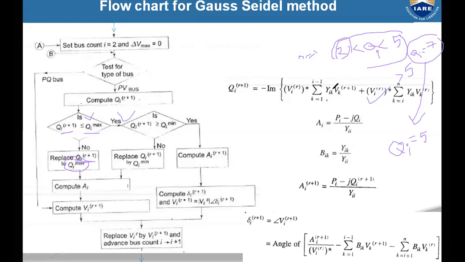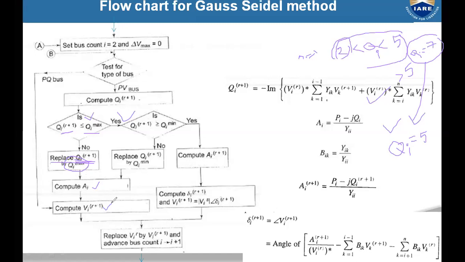So in between with these two steps, when you replace the QA with either the maximum value or the minimum value, you have to treat the bus as a PQ bus instead of a PV bus. If you replace QA R plus 1 by QA maximum, then you have to treat that bus as a PQ bus. Then when it is a PQ bus, AA will be calculated and VI R plus 1 will be calculated as in a PV bus.